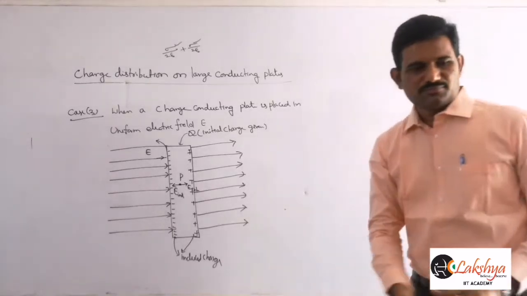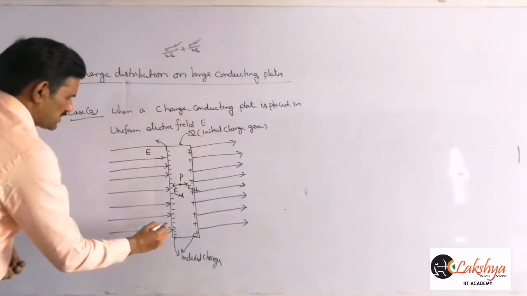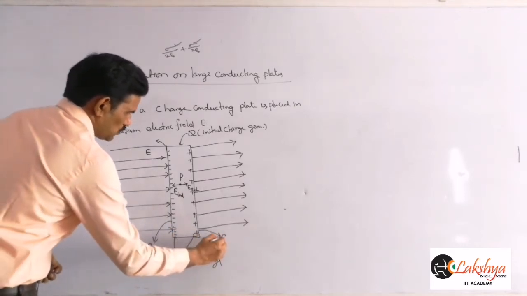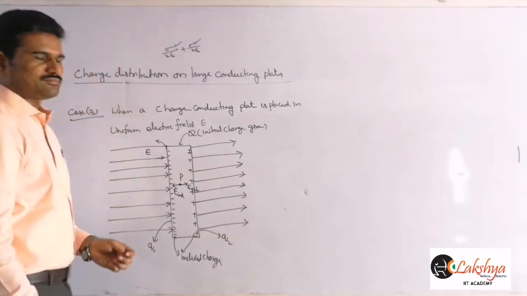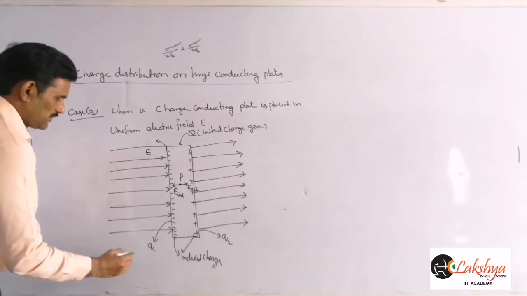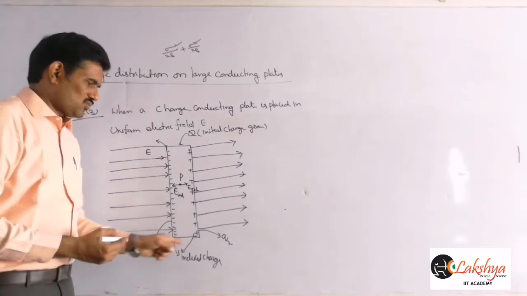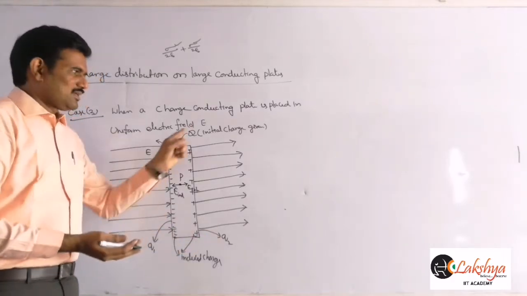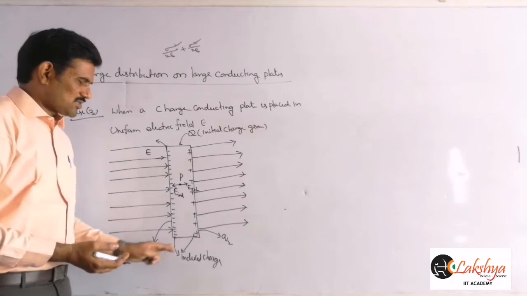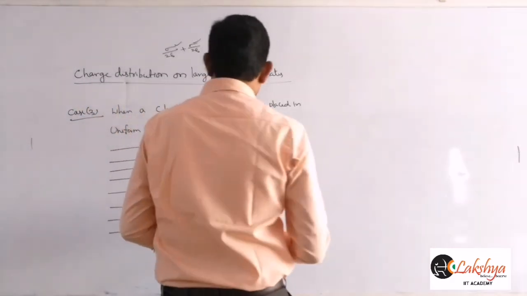So this side I am taking as charge Q1 and this side is Q2, let us take, right? I am assuming the net charge on this is Q1, induced plus this given charge, that resultant we are taking there. And this side we are taking as Q1 and this side as Q2, right?